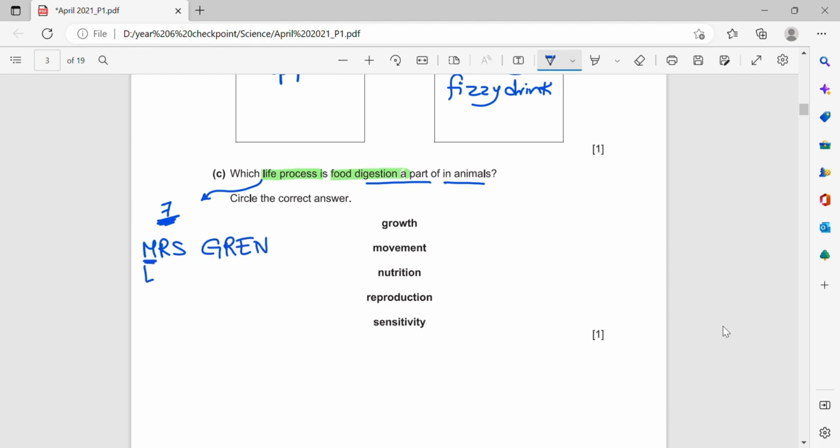M كانت movement, R respiration, S sensitivity, G growth, R reproduction, E excretion, and the N is nutrition. طيب هنا regarding food digestion, which one from growth, movement, nutrition, reproduction, sensitivity? Great, it is nutrition.